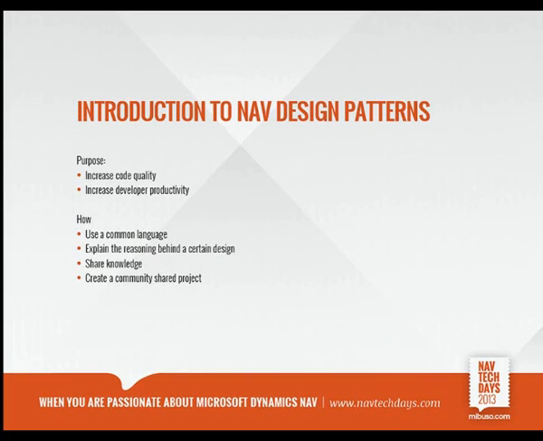So what we are saying is that design patterns in the object-oriented world have become a part of the software development vocabulary. However, for NAV, although we have patterns in the code, we don't have a formal description of them.